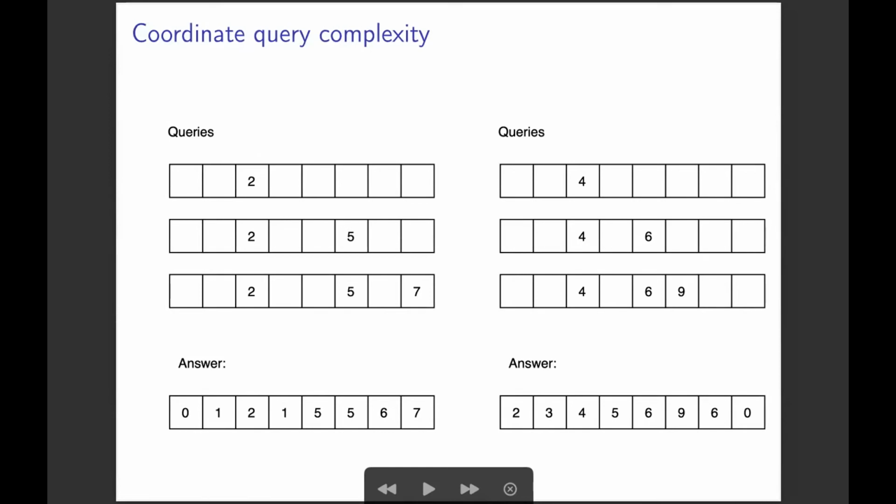Basically, it says that the only obstruction to having a large query complexity is having a sort of quasi-cube-like structure, in which case you would need to do as many queries as its dimension. So in particular, if your query complexity is low, then there cannot be subsets with large dimension.